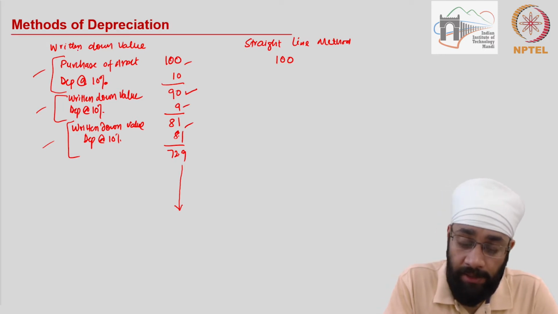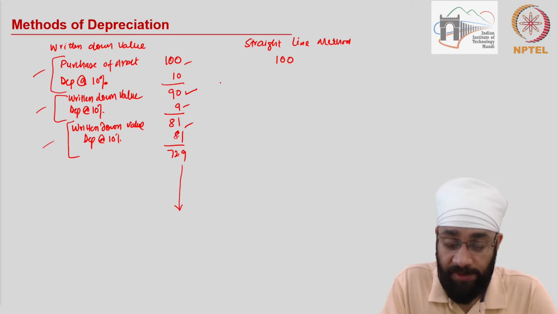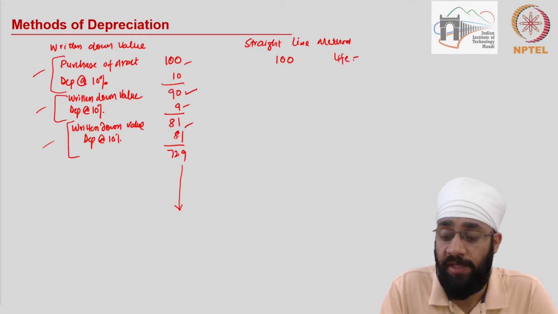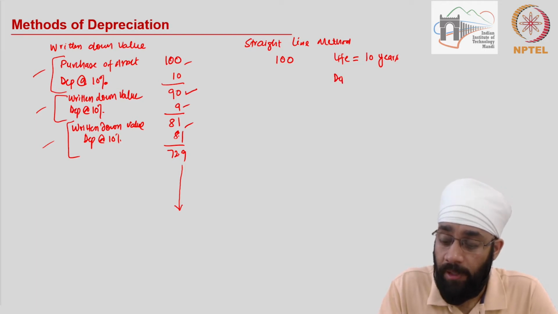The second method is that you charge depreciation not on the written down value method but in a different way. And the way is to also estimate what is the life of the asset. Life of the asset here is, let's say, 10 years. Therefore, depreciation is going to be equal to the cost of the asset divided by the life of the asset.